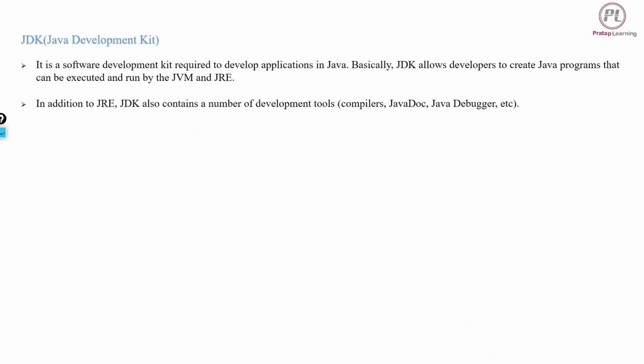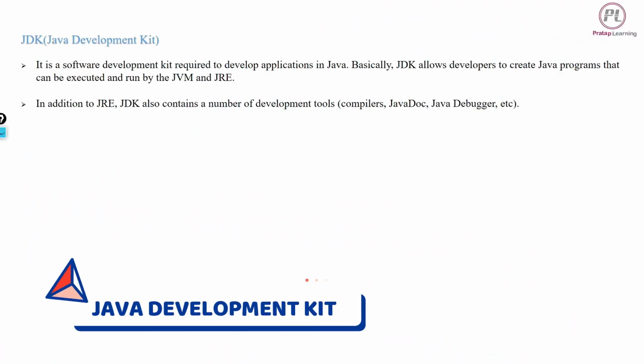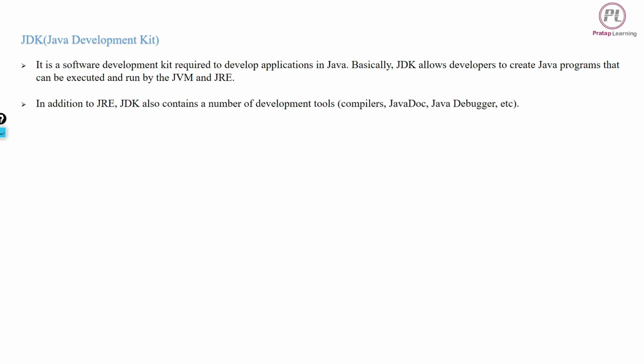JDK stands for Java Development Kit. It is a software development kit that is required to develop Java applications. JDK helps programmers to write Java programs and execute and run them in JVM and JRE as well. Other than JRE, JDK also contains a number of development tools like Java compiler, Javadoc, debugger, and many more.